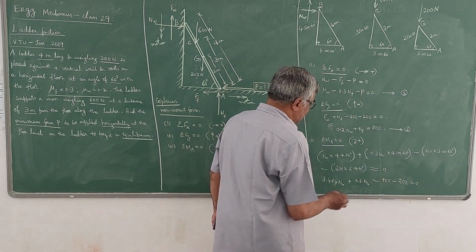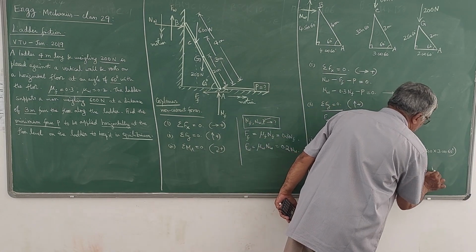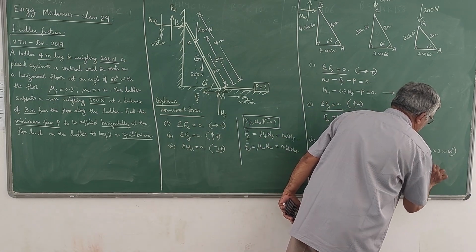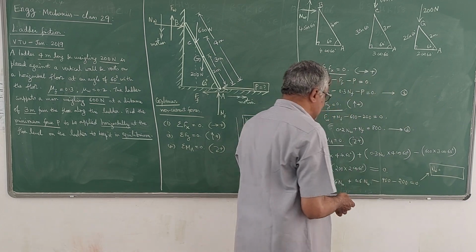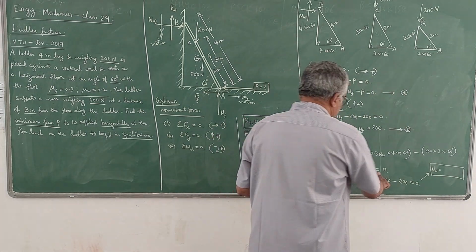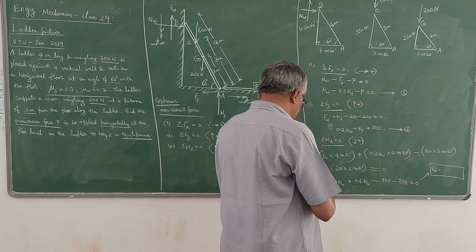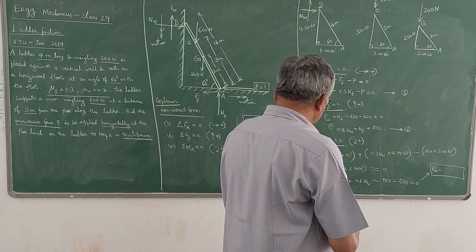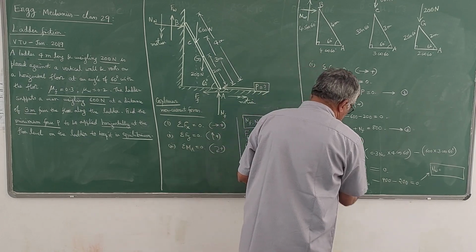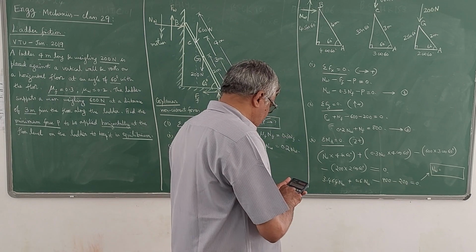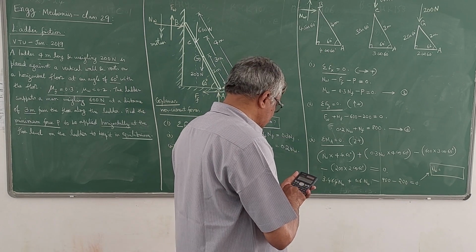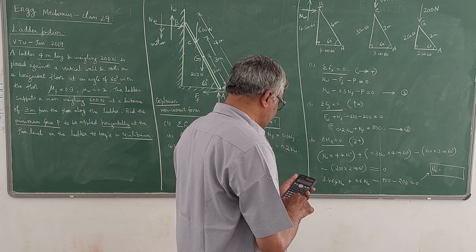Now from this you can easily get the value of NW. So let us see what is the value of NW here. When you bring it to this side, it becomes 1100 divided by this plus this, which becomes 4.064.